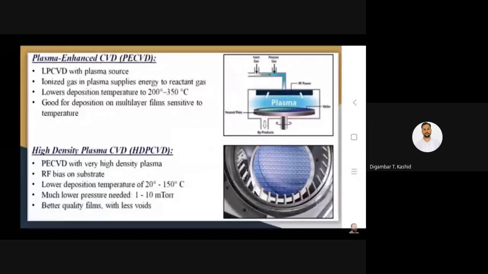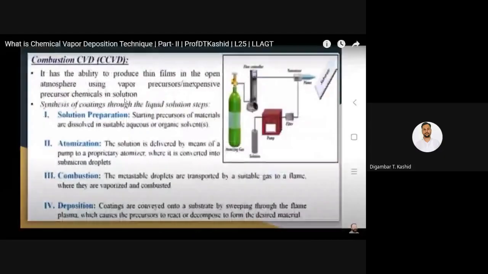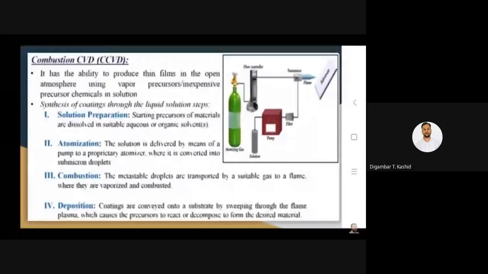The next one we are going to discuss is the combustion CVD, or CCVD, process. In this particular case, it is divided into 4 parts. It has the ability to produce thin film in the open atmosphere using vapor precursors or inexpensive precursors in chemical solution. Generally, like painting, we are using this kind of technique. First one is called solution preparation.